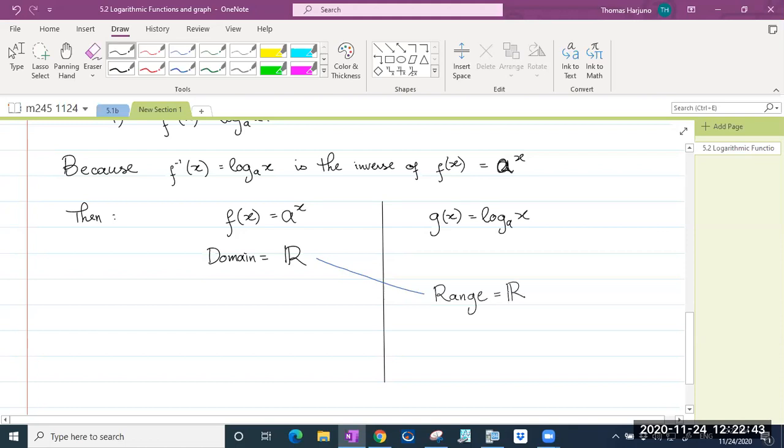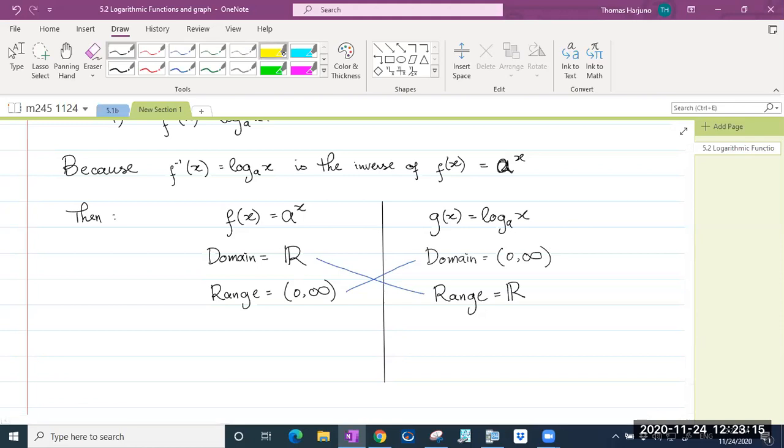So you can answer the domain and range of the logarithmic function by knowing the range and domain of the exponential function. The range of a to the x is from 0 to infinity. Therefore, the domain of the log function will be from 0 to infinity as well.